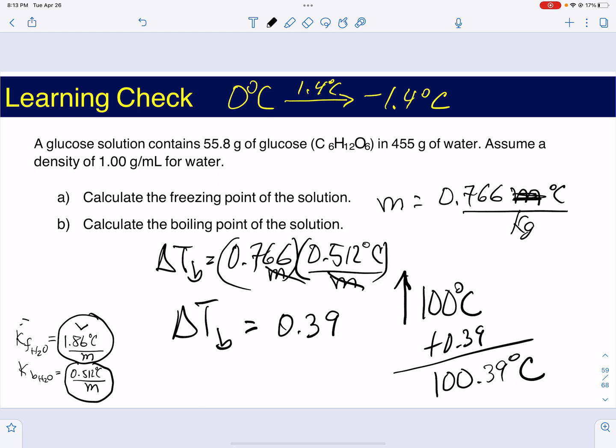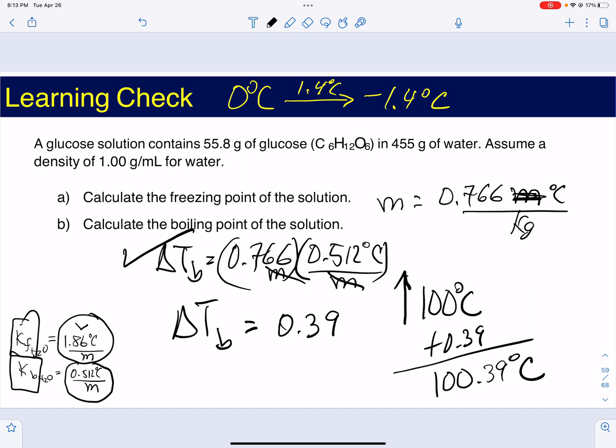You have to know the values for the solvent for freezing and boiling, and then you just use them in these formulas. And remember, we call these colligative properties because the property is affected by the amount of the solute. Like I told you, if I put a lot more or a lot less than 55.8 grams of glucose, the change in temperature is going to be different.